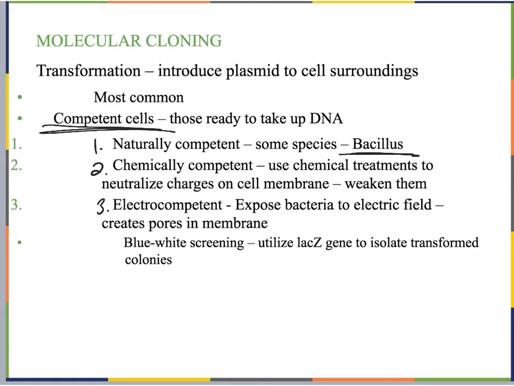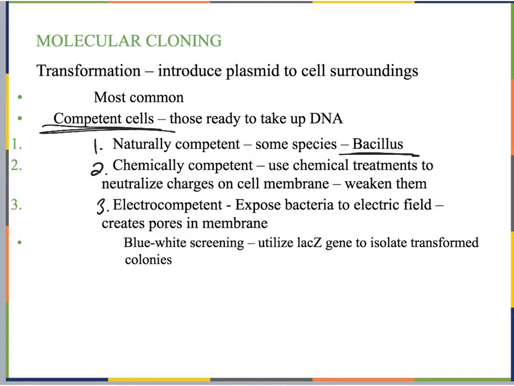Number 2 is to make them chemically competent. So we can use chemical treatments. When we use chemical treatments, we neutralize the charges on the cell membrane, and it weakens that cell membrane. And so then the cell is kind of in this like, oh no, stage.